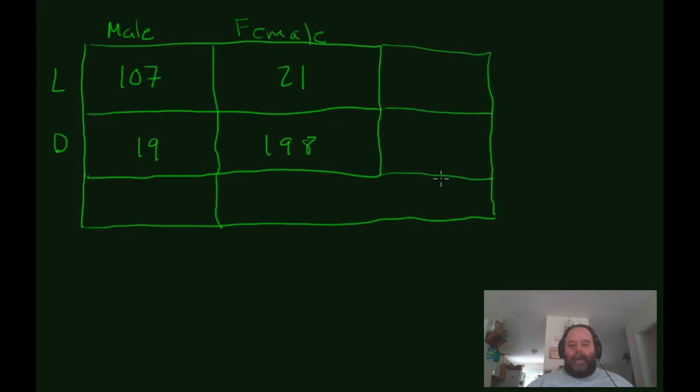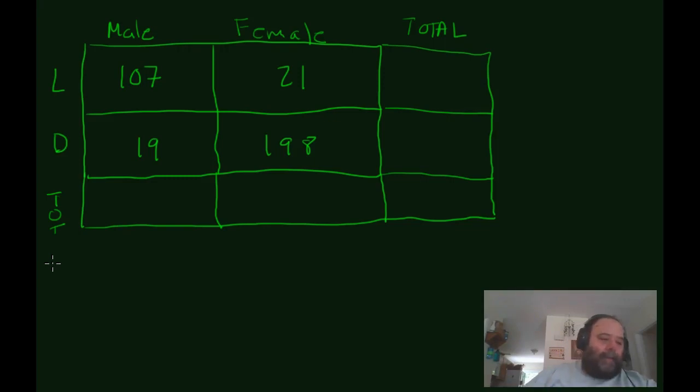And why am I doing this? It's so that I can now create some totals, right? So here's my total here, and here is my total here. If I do some adding up, I can create what are called the marginal values, or the total values on the margin, right?